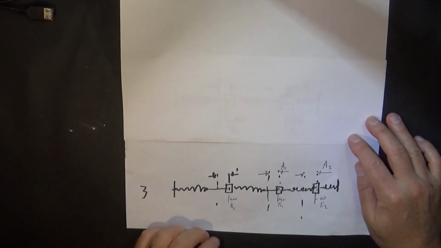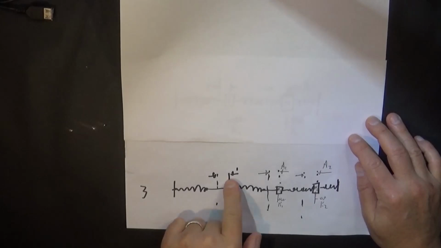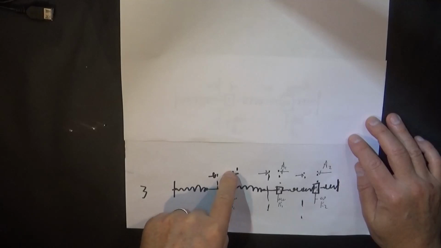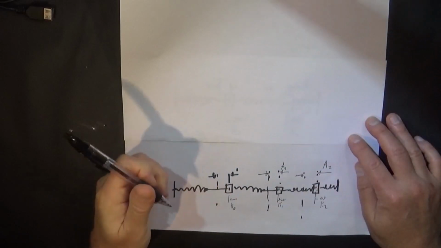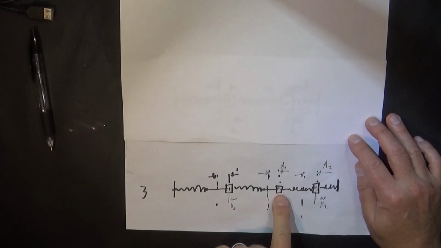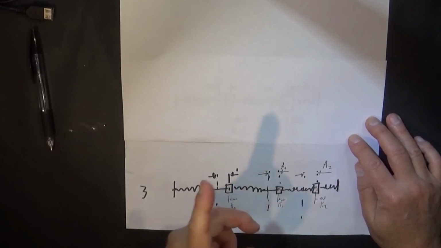Okay, 3 masses. So here again, the first mass is 1, amplitude is 1, and here I've called that K0. Terrible writing. K1 for mass 1, so mass 0, mass 1, mass 2.